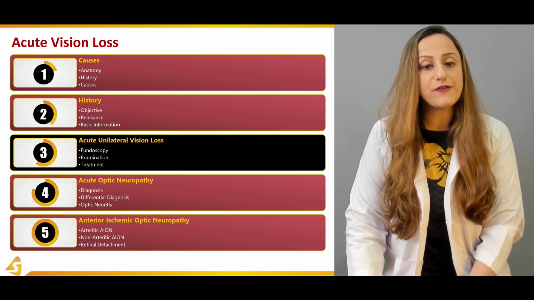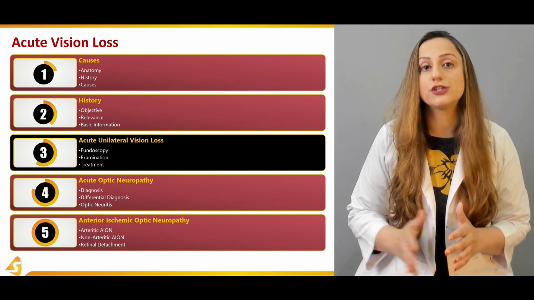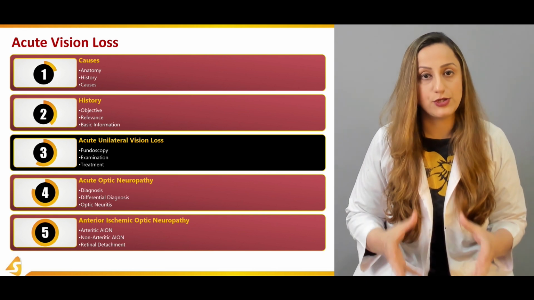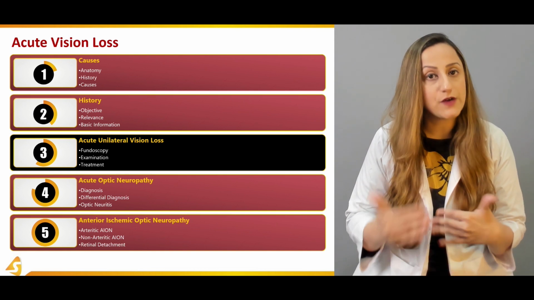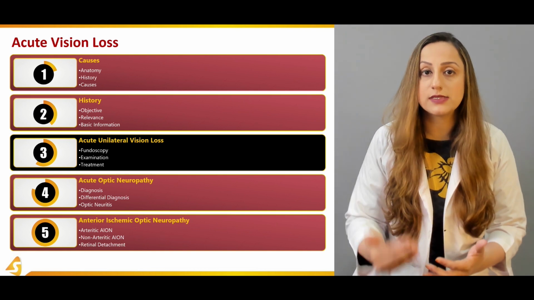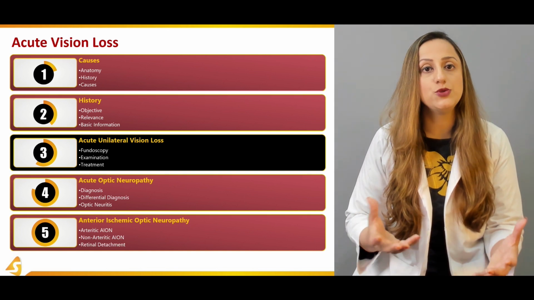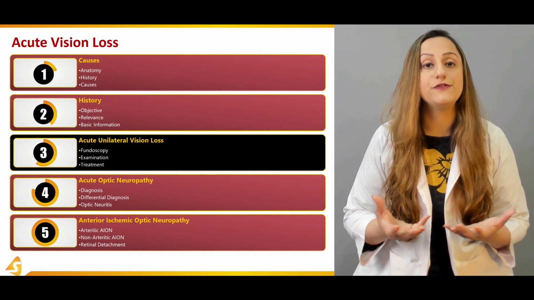The fundoscopic findings are again very important over here when we look at acute unilateral vision loss in the person. What are we going to focus on when we look at the fundus or the retina of the patient? Usually the instrument that is used for ophthalmoscopy is the ophthalmoscope or the fundoscope.